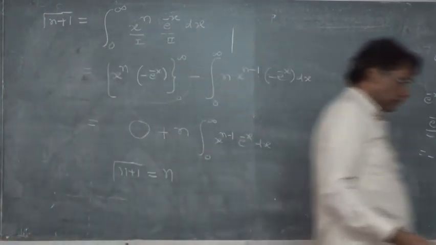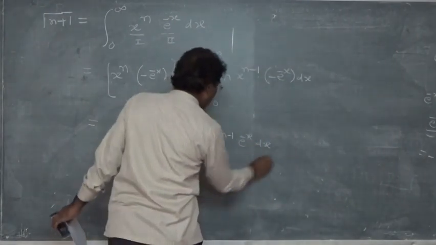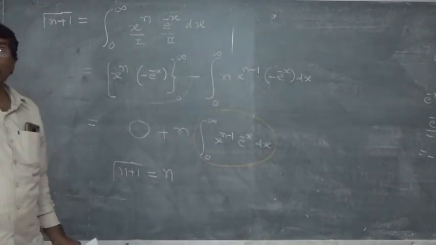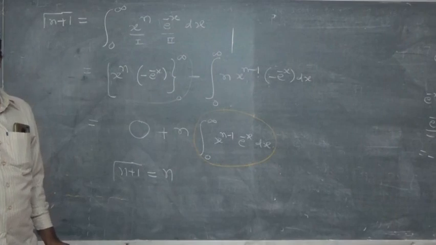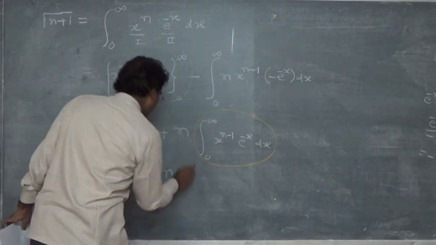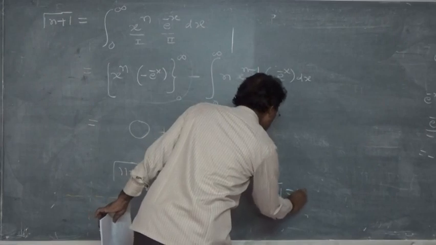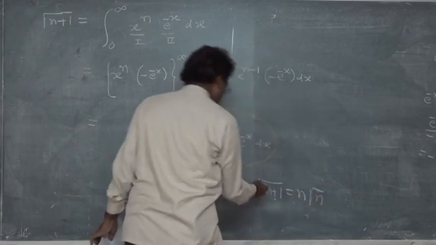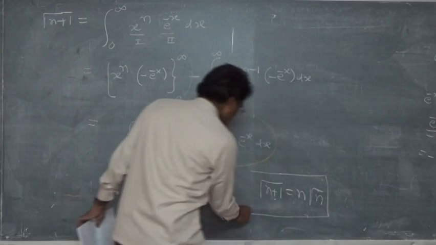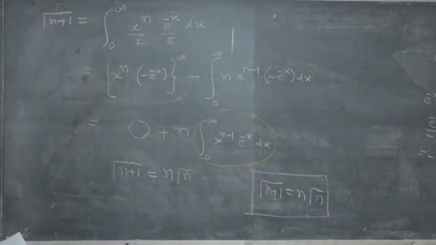You see here, this much is the definition of the gamma function. So now this becomes gamma n. Therefore, gamma n plus 1 is equal to n gamma n. This is the recurrence formula and is mostly used in the problems.